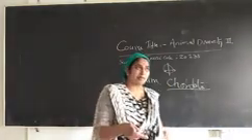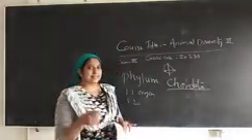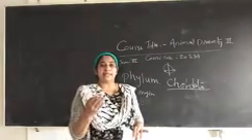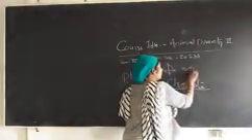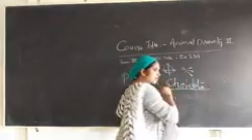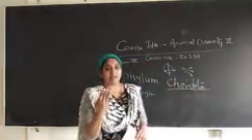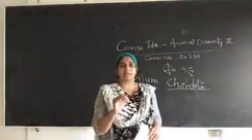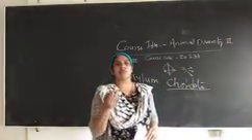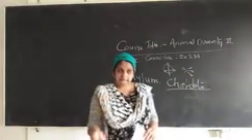Triploblastic means the presence of 3 germ layers, that is ectoderm, endoderm and mesoderm. These 3 basic germ layers are present in chordates, so they are known as triploblastic animals.